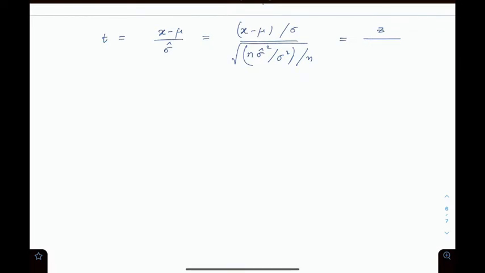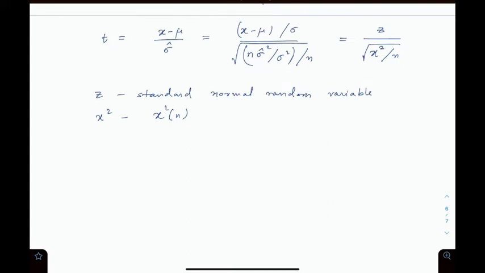We identify the chi-square, chi-square by n. Now z is a standard normal random variable. Chi-square is just chi-square with n degrees of freedom. So a student's t random variable is the ratio of a standard normal random variable to the square root of a reduced chi-square random variable.